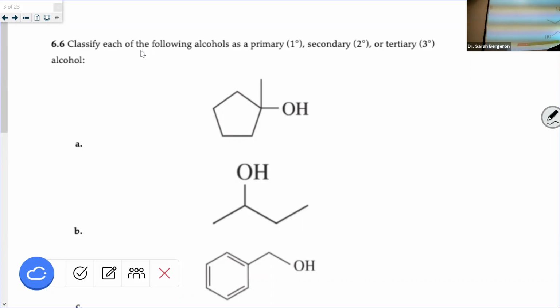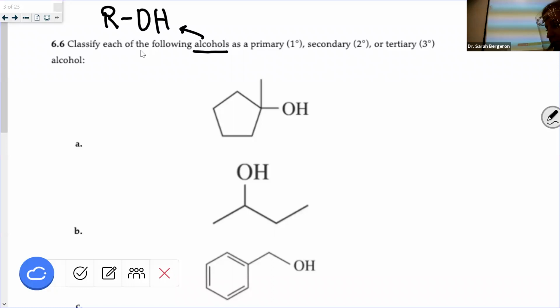Okay, so classify each of the following alcohols. What does an alcohol look like? You have the rest of the molecule and it's bound to OH. That's an alcohol. Now, tell me about a primary, secondary, or tertiary alcohol. If I have an alcohol, it's bound to a carbon, right? What's attached to that carbon is going to tell me if it's primary, secondary, or tertiary.